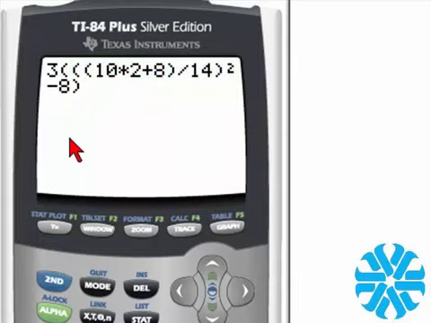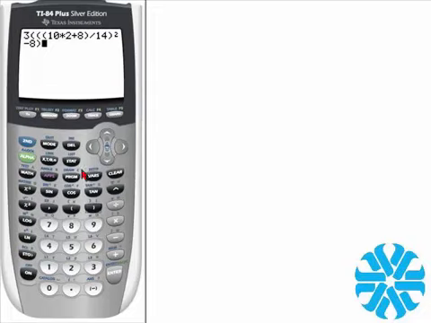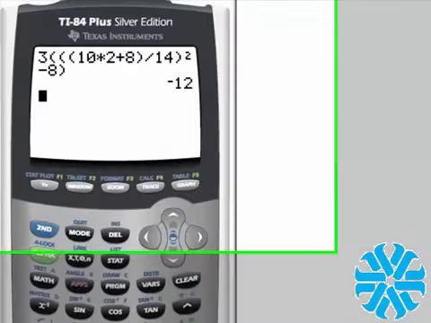So this seems like a complicated expression, but if you follow the rules of order of operations, then it's quite simple. And of course the calculator does it for you. So let's hit enter to get our answer. And we come up with -12.